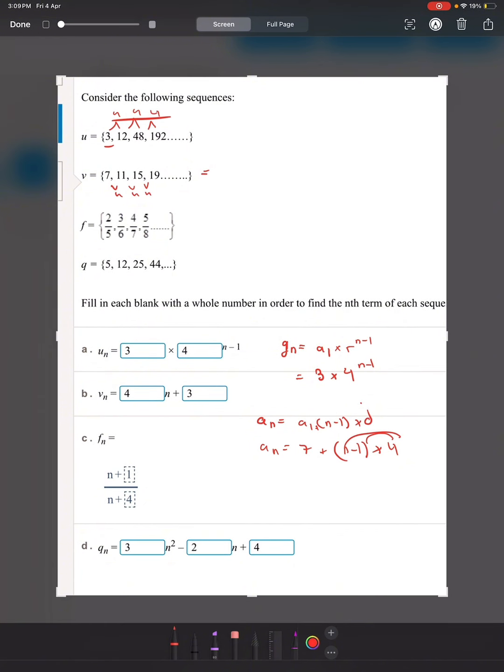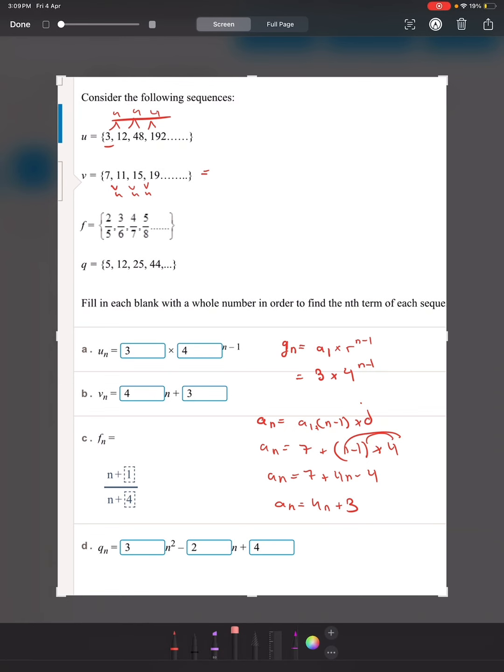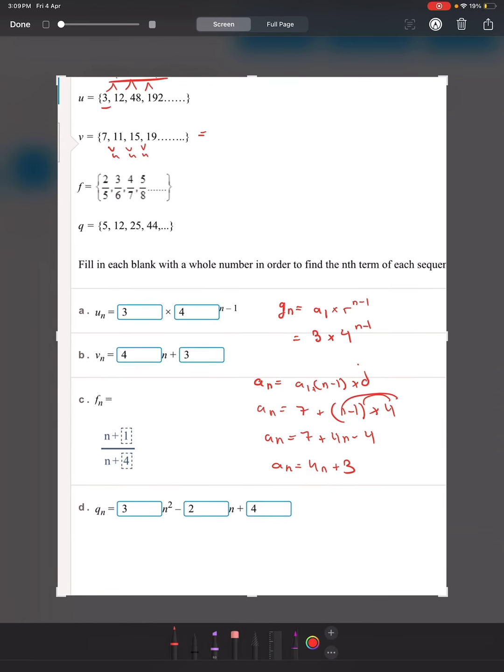So just distribute this. a n equals 7 plus 4n minus 4. 7 minus 4 is 3, okay? So a n equals 4n plus 3. And that's it for this one. Let's see the next part.